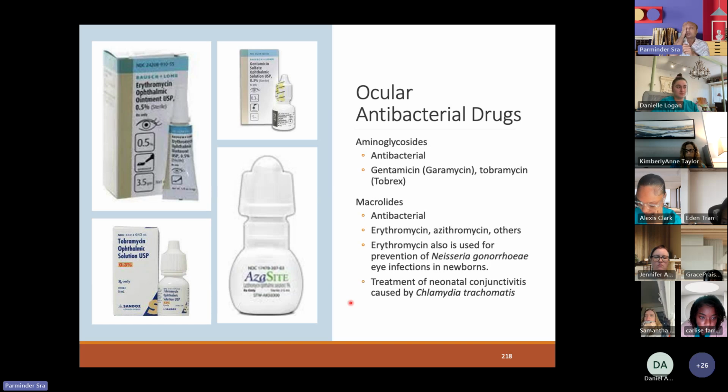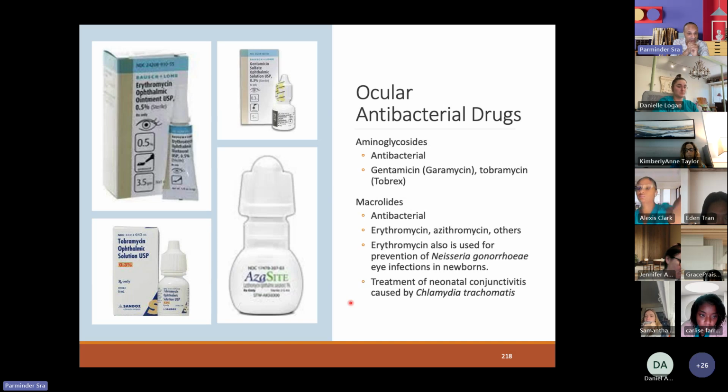But even though it's an eye condition, these drugs are instilled in the eye, so make sure that any adverse effect belonging to that class still applies. For example, gentamicin is an aminoglycoside.